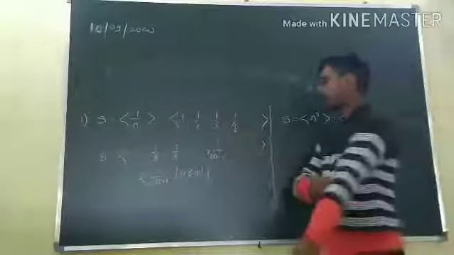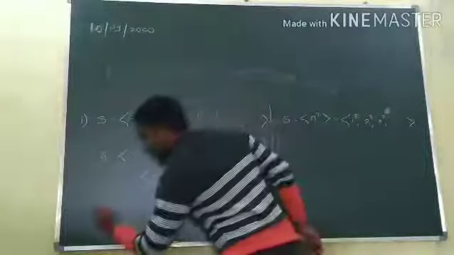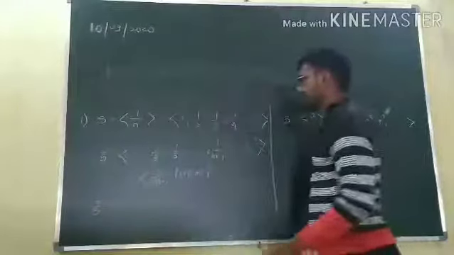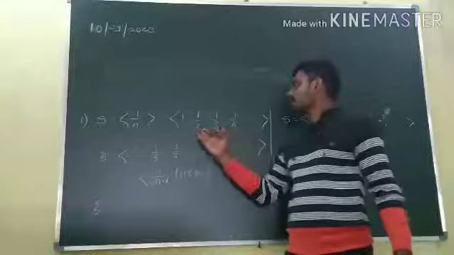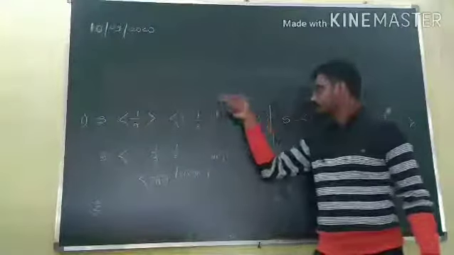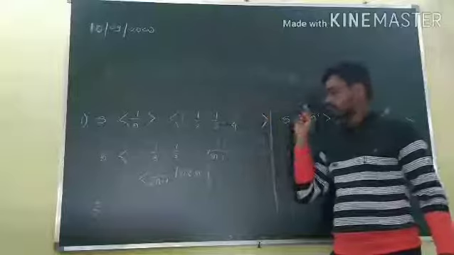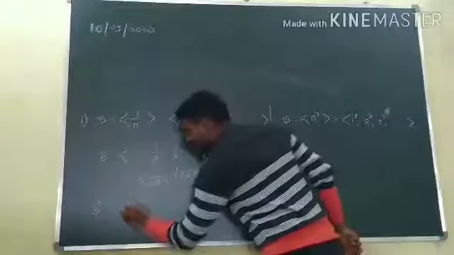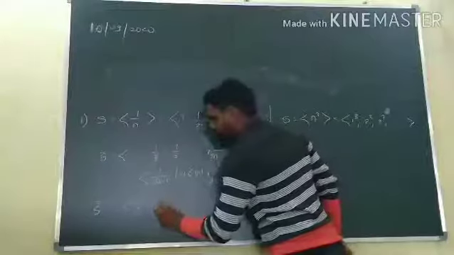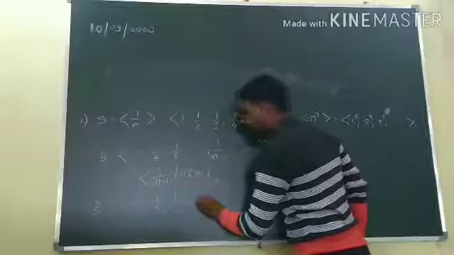Another subsequence is s double bar, where we just take the elements at the even positions. This is the second position, fourth position, and so on. So s double bar is equal to 1 by 2, 1 by 4, 1 by 6, and so on.